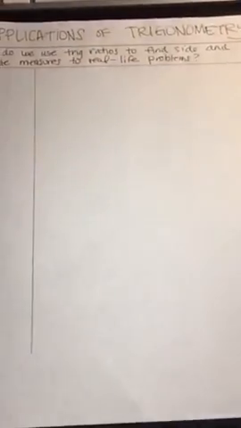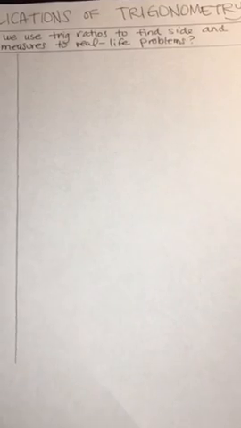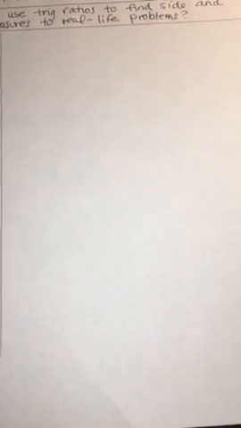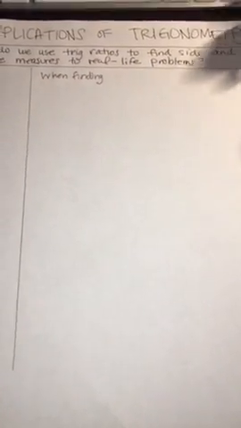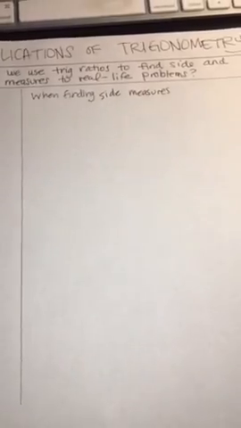So one thing that I need you guys again to remember are those trig ratios that we've talked about. So remember, when finding side measures, you always used the SOHCAHTOA.